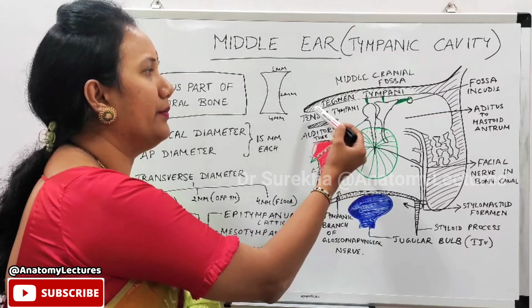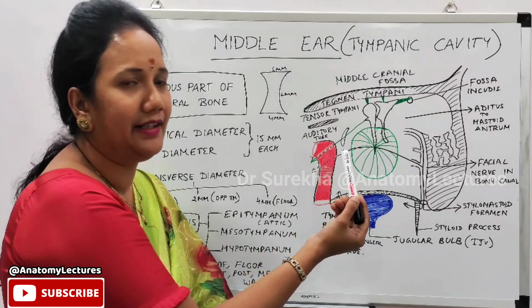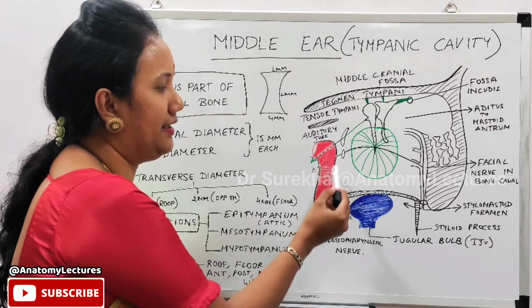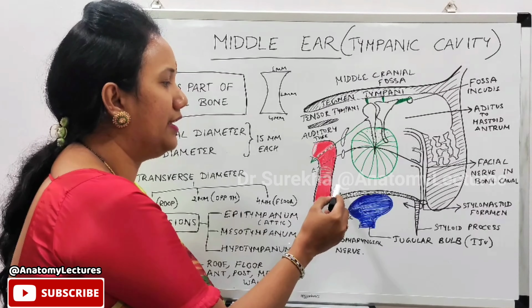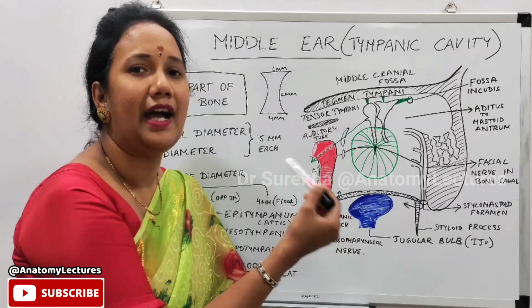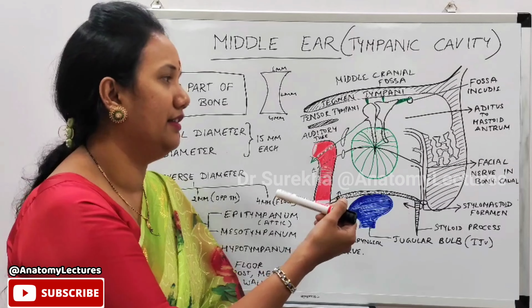So these two bony canals will form the upper half of the anterior wall. Now you have seen the lower part of the anterior wall is formed by the posterior wall of the carotid canal. This is pierced by superior and inferior caroticotympanic vessels and nerves.